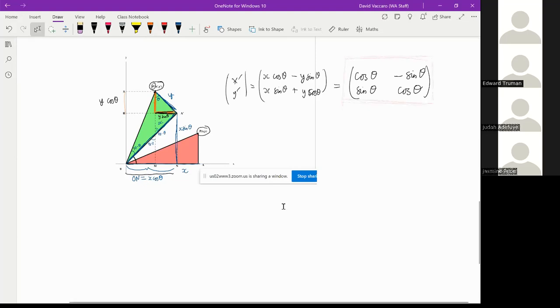So this is my rotation by theta matrix. What form does this matrix have that we've seen before, and why?